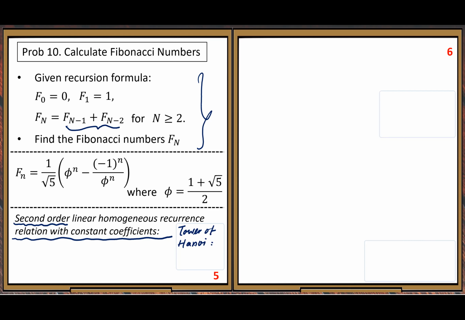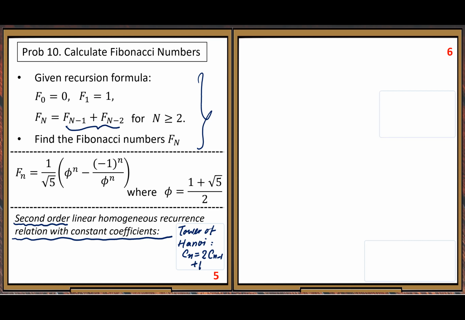In that Tower of Hanoi, we have a simpler recurrence relation: C_n equals 2C_{n-1} plus 1.